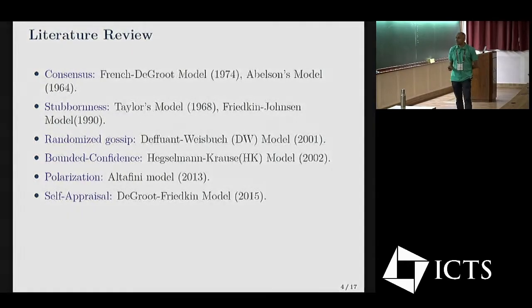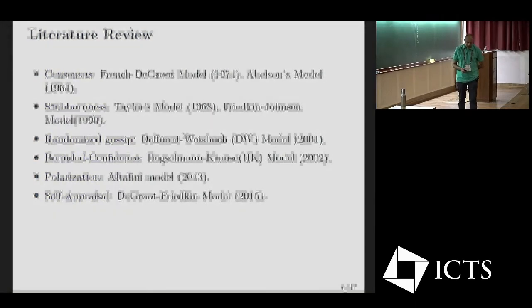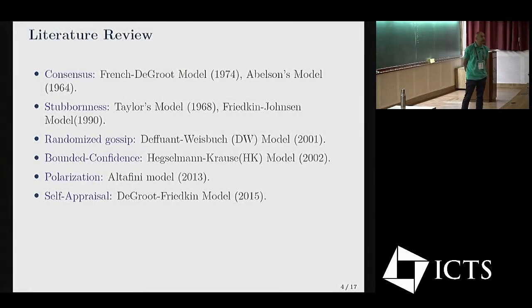More recently, there are also some works related to self-appraisal, done by Digrud, Fredkin, and so on. These include agents having opinion dynamics running on one level, and on a higher level, they are also seeking to maximize their social power by adapting their self-appraisal weights.